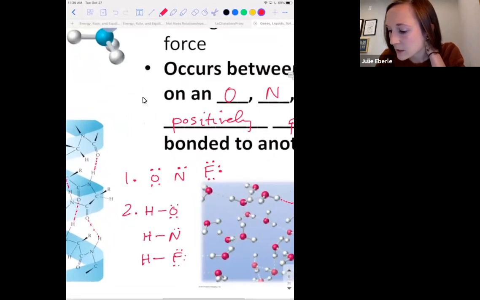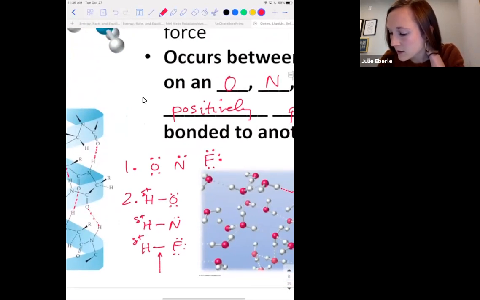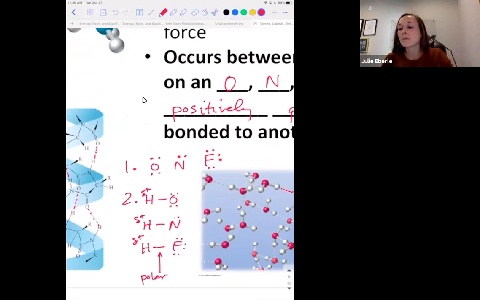And all of these hydrogens are positively polarized. What that means is all 3 of these bonds are polar bonds. Those are the 2 requirements. The lone pair on the oxygen, nitrogen, fluorine, and then a hydrogen that's positively polarized because it's bonded to another oxygen, nitrogen, and fluorine. Okay.